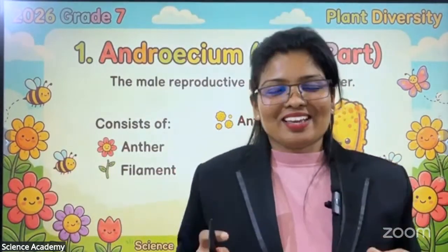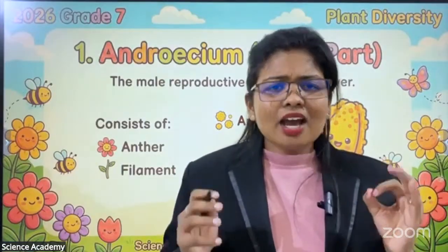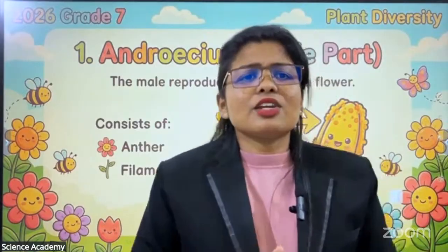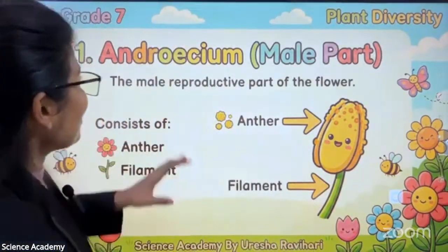Children, we are going to discuss the androecium. What is the androecium? Androecium means the male part of the flower. In other words, it's called stamens.